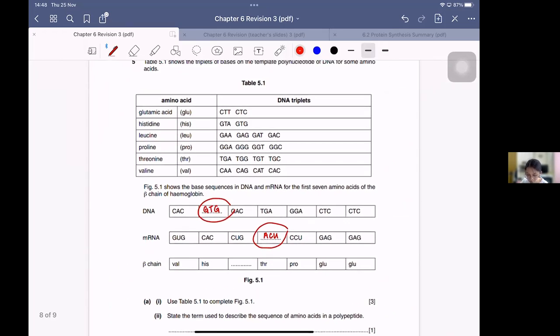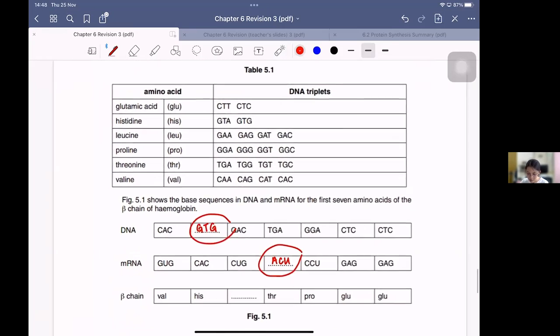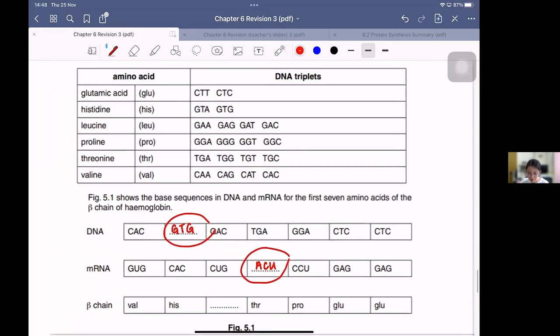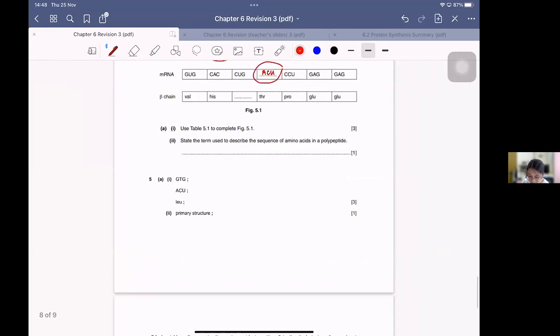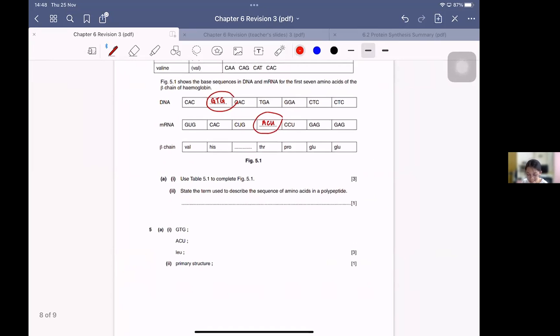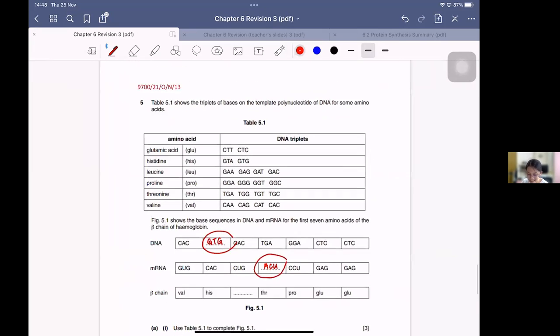Does anyone want to try? What's the amino acid over here? It's going to be valine. Valine is not the answer actually, it's actually leucine.